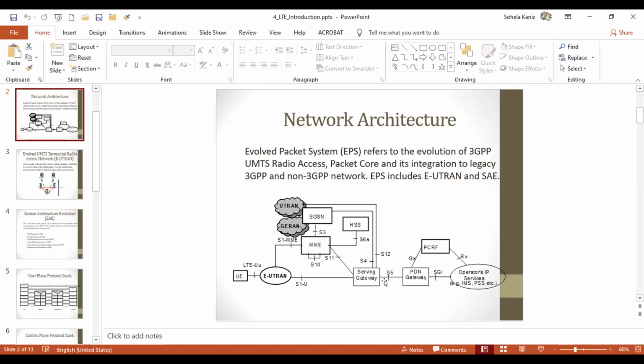Now, for the control side, you don't really have layer operations all the way up to the 7th layer. Only some lower layer operations are sufficient here, because you don't run a software on the other side. You don't have a real communication of data. Rather you're doing some control purposes only that require some signaling.